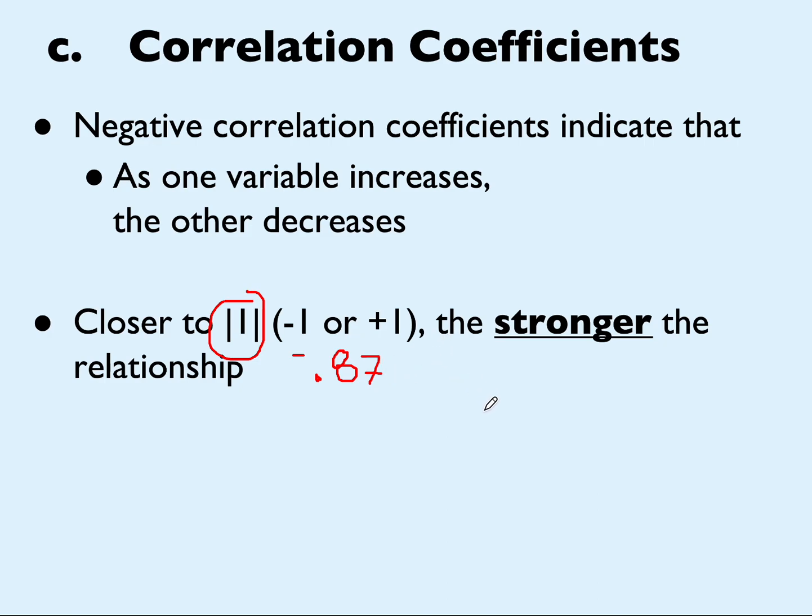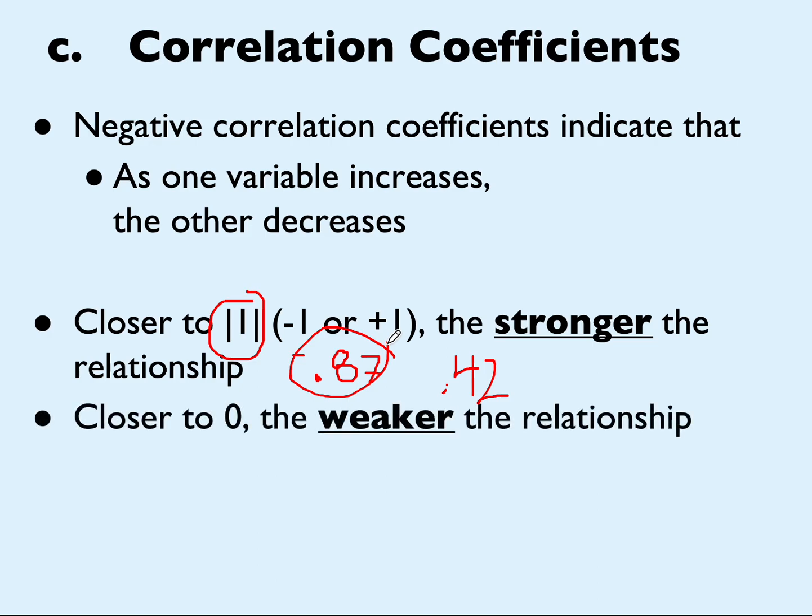A correlation of -0.87 is a stronger correlation than, say, positive 0.42. This one is a stronger relationship because why? Because it's closer to the absolute value of 1. As you get closer to 0, then you show a weak relationship.